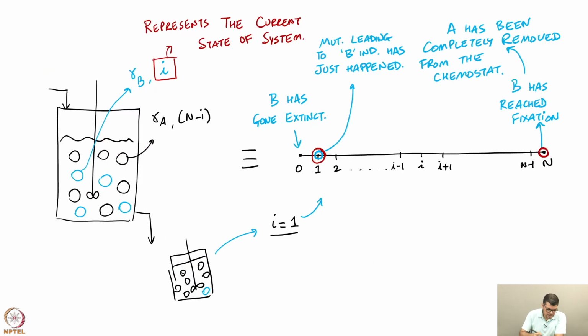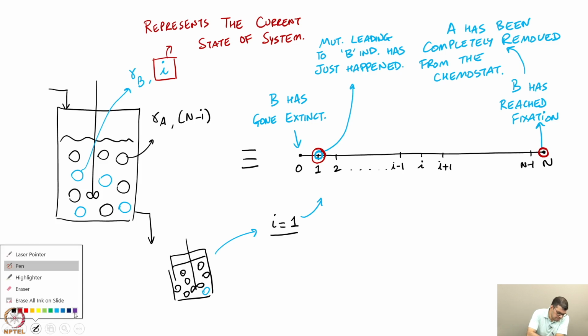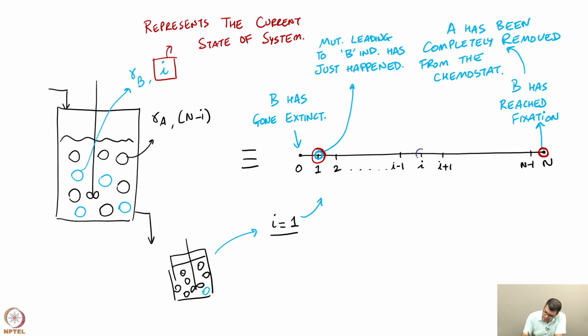What Moran process is telling us is that if at any given point in time we are at state I, then from this state, in one step of Moran process, 4 things can happen. The system can either transition from I to I minus 1.